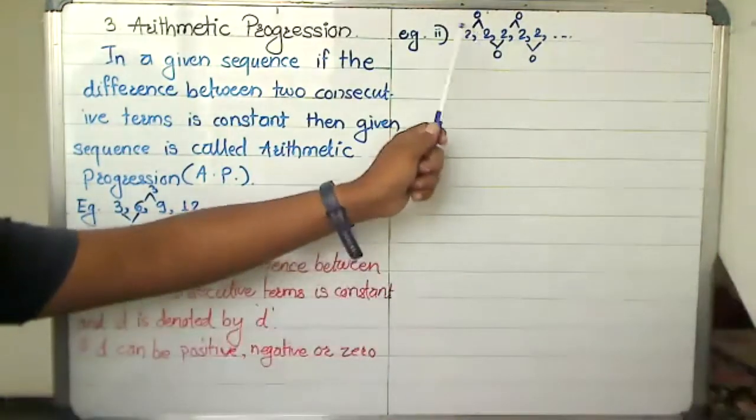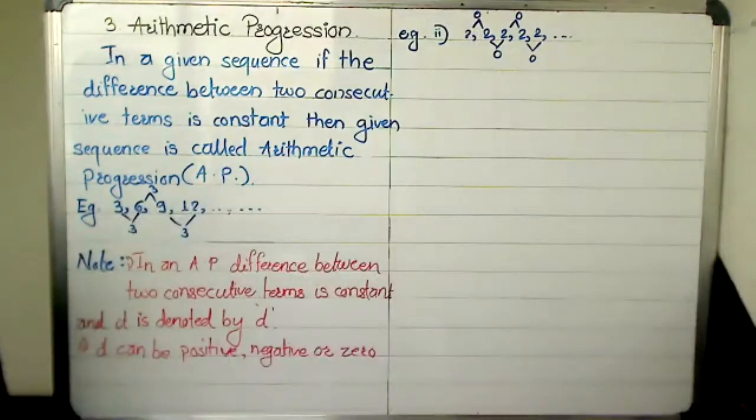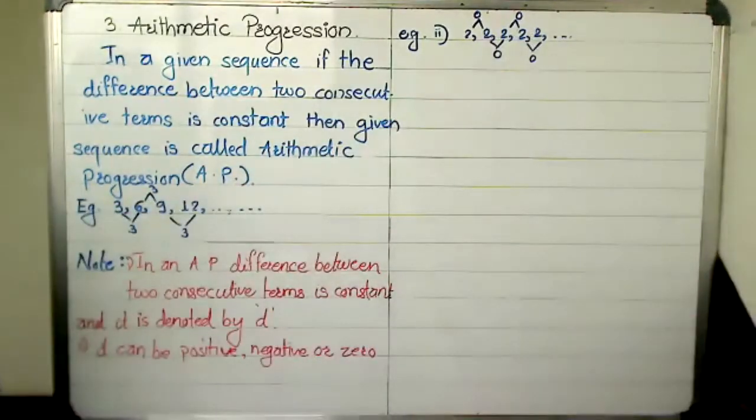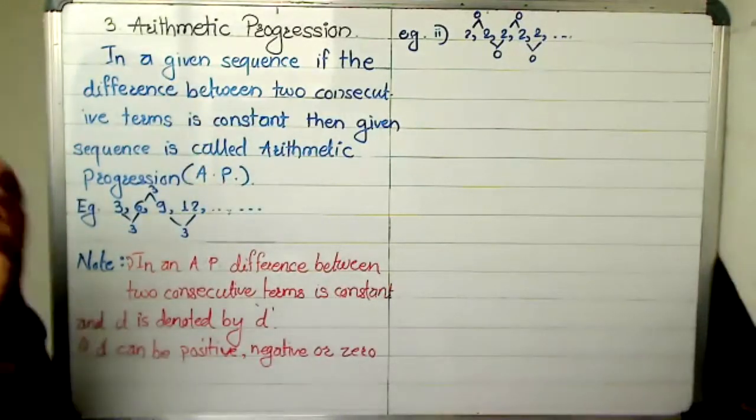So we can call this sequence an arithmetic progression, because it satisfies the condition for an arithmetic progression.